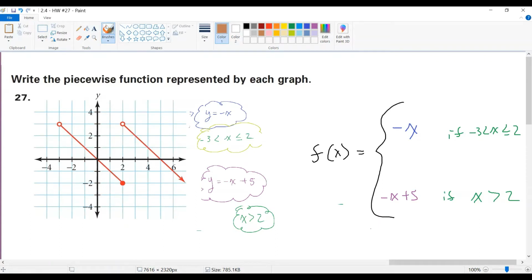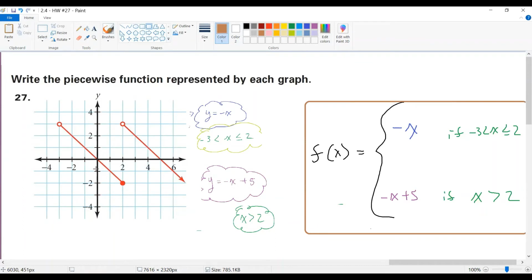And there we go. Here's our piecewise defined function based on our given graph, where our first section is defined as negative x, and our second section is defined as negative x plus 5. And huzzah, we're done.